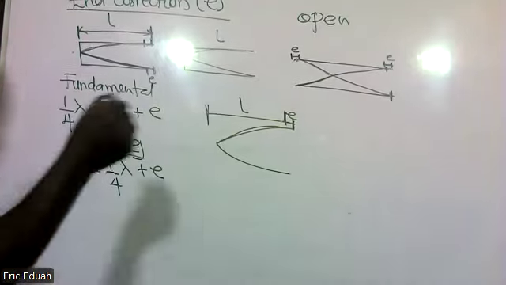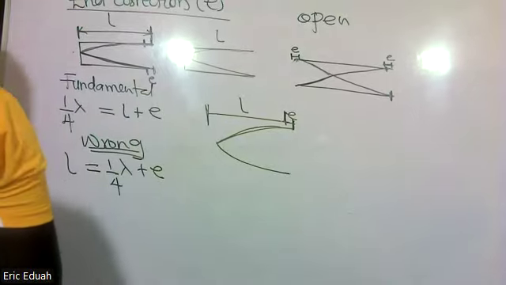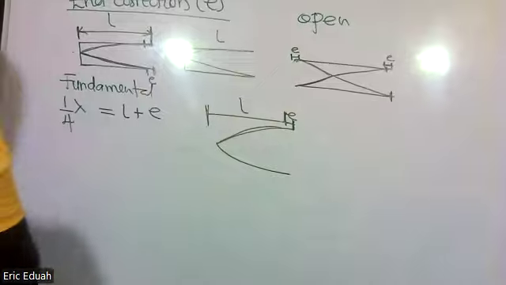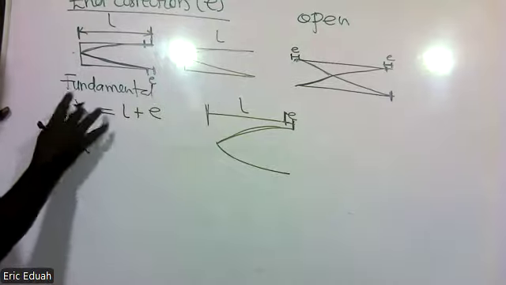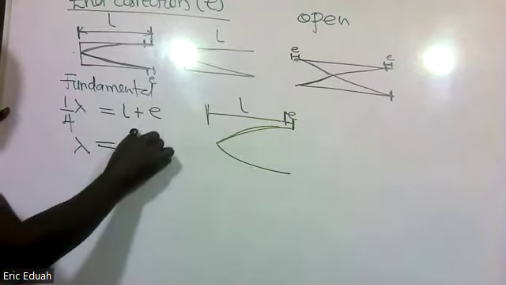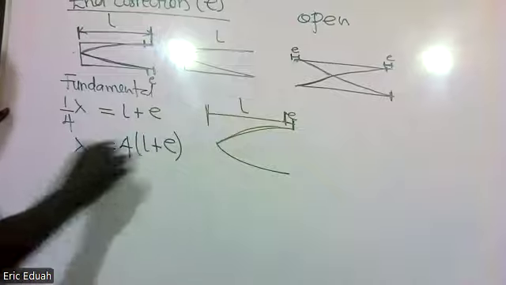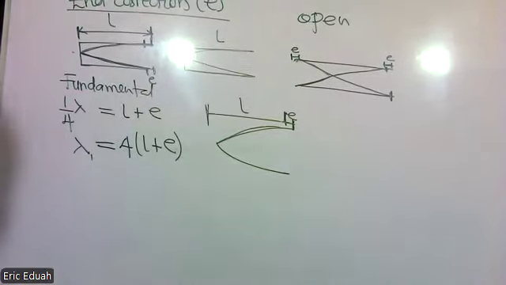So if there is a consideration for end correction, then we can say that lambda is equal to 4 times L plus E for lambda 1.